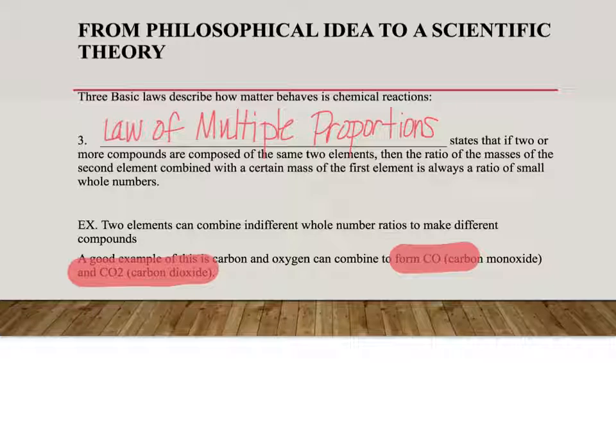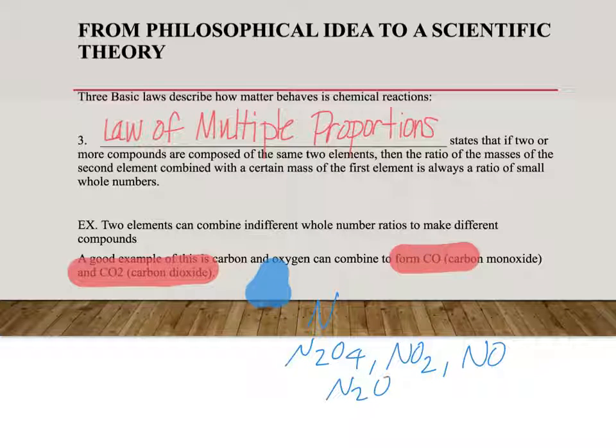Another example is nitrogen and oxygen. It can form, oops, that's still highlighter, sorry about that. It can form N2O4, NO2, we can just do NO, it can form N2O5. There is a variety of compounds that it can form, and so those are good examples of the law of multiple proportions.